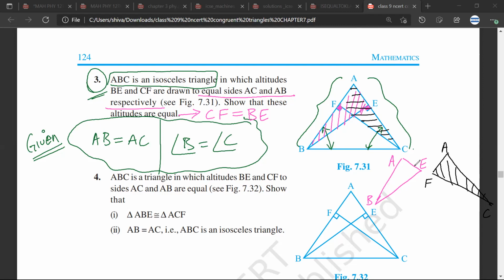Yes, sir, they're congruent. Should I prove this? How should I prove that the triangles are congruent?